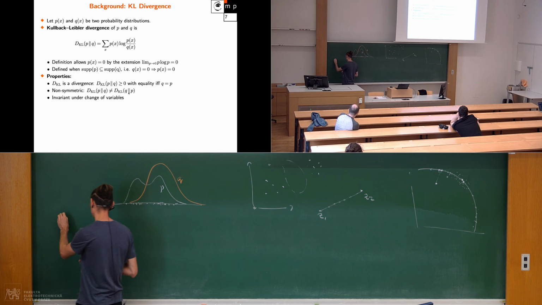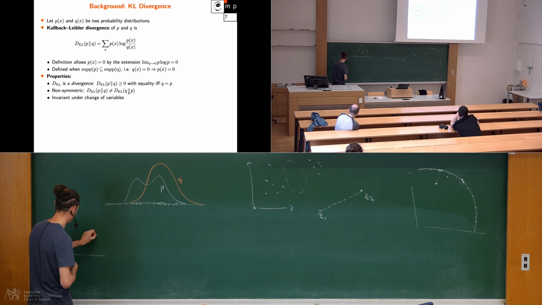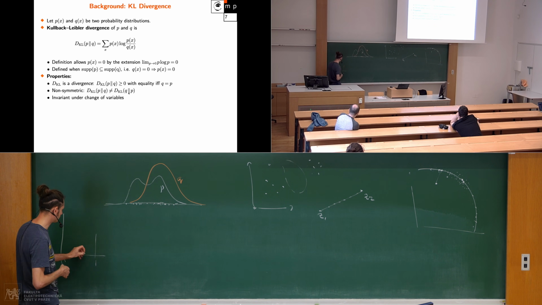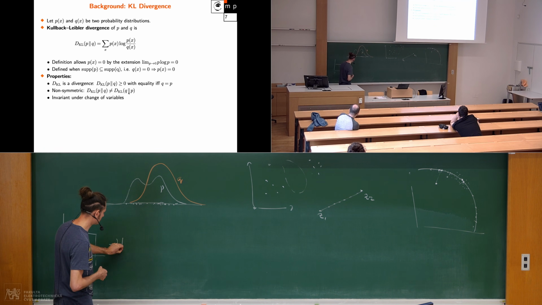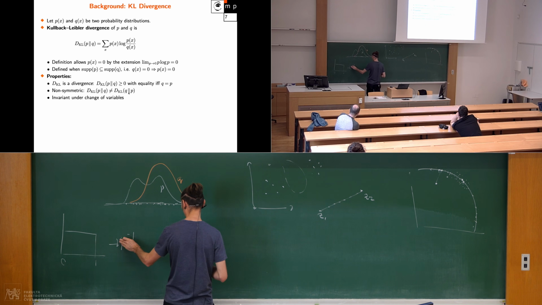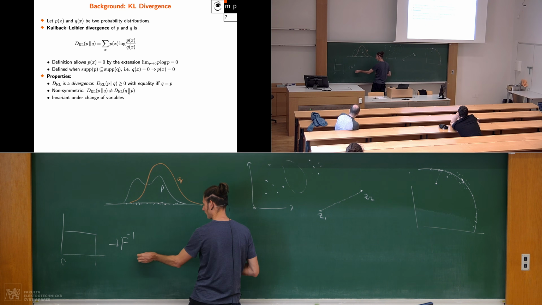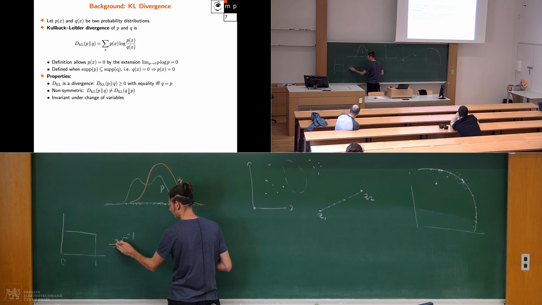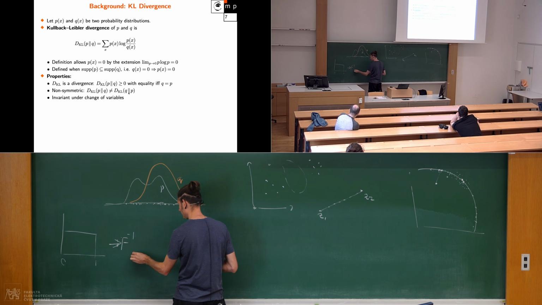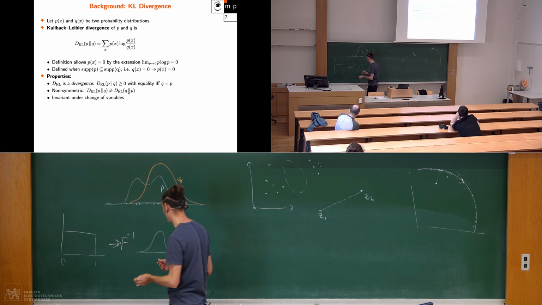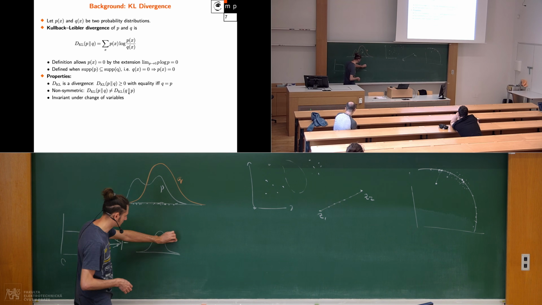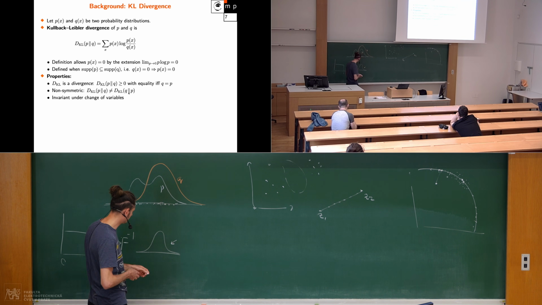So maybe you know this from the example that if you have a uniform distribution and you send it through the inverse CDF, you will get the distribution with that corresponding CDF.